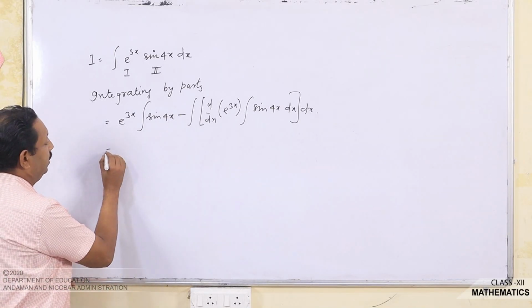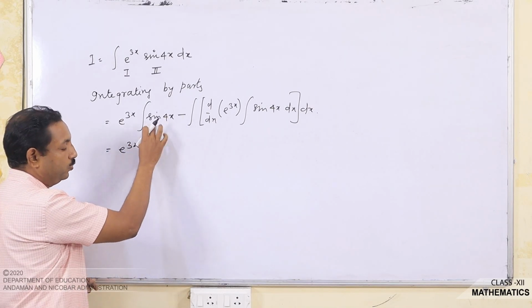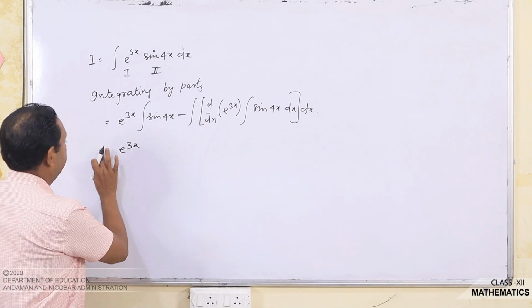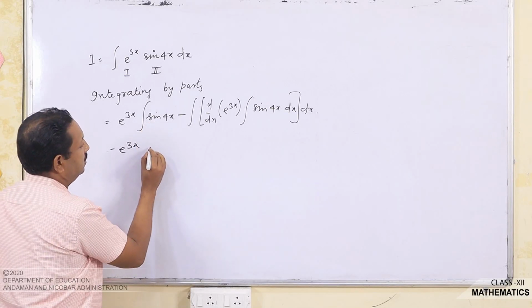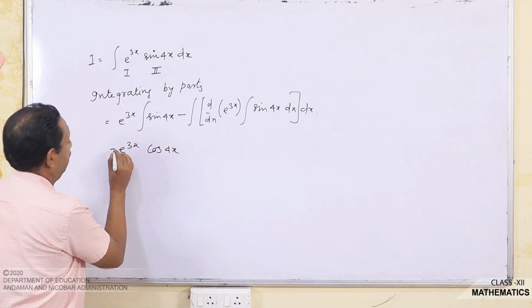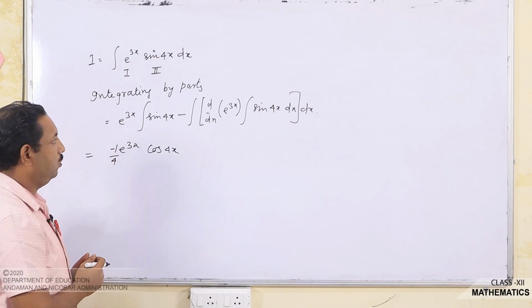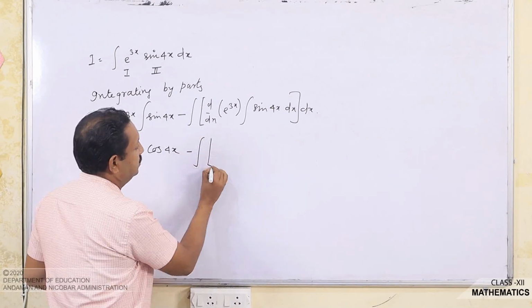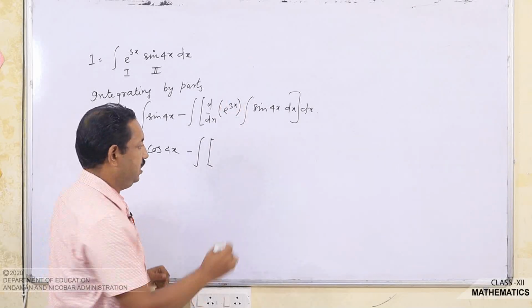Now here, that is e power 3x sin 4x, we know that the integration of sin 4x is minus cos 4x by 4. So I write 4 by 4 here, that is equals to minus integration, that is derivative of e power 3x. So e power 3x is what?